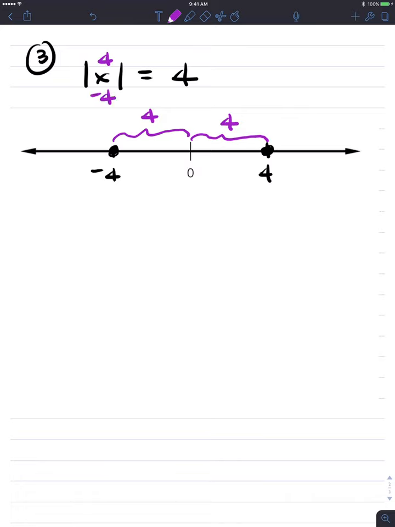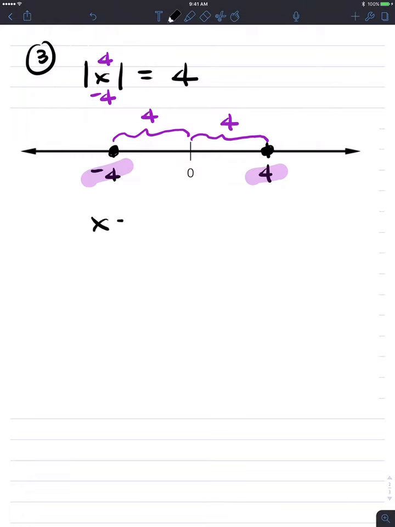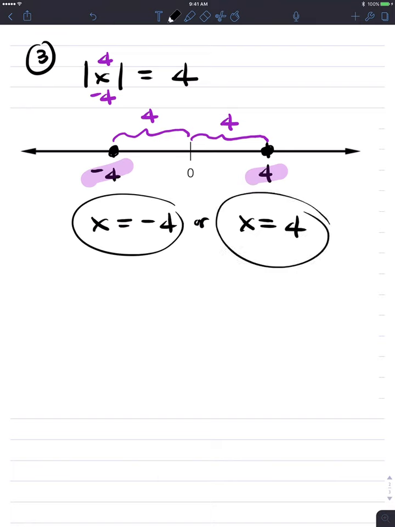The absolute value of negative 4 is also positive 4. These two numbers are 4 units away from the origin. And we don't really care about the direction, we just care that they're 4 units away. So these two numbers we often write as our solutions, that x is negative 4 or x is positive 4. In set notation, we have negative 4, comma, positive 4, and we're done.